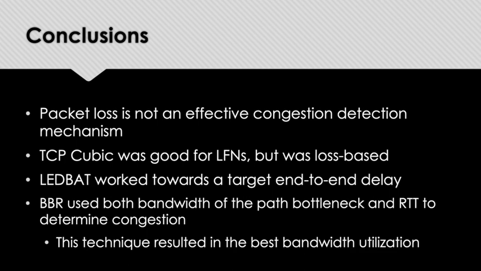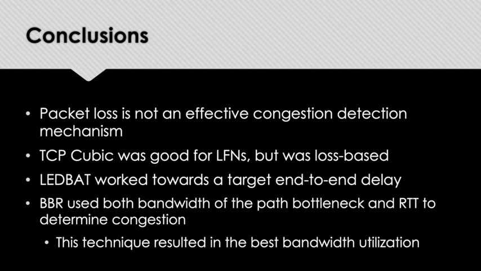BBR is the newest of the congestion control algorithms we discussed. It uses real-time estimates of bottleneck bandwidth and RTT to determine early congestion in the network. These metrics were decided by Google when implementing it after they analyzed the vast amounts of traffic that was going through the servers. It proved to be the most effective means of congestion detection in today's internet age. It is actually the main congestion control algorithm that's utilized by Google Stadia, providing 4K game streaming to dumb client devices.